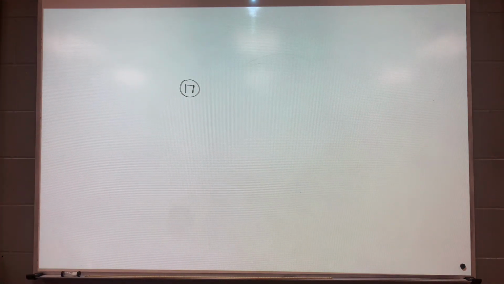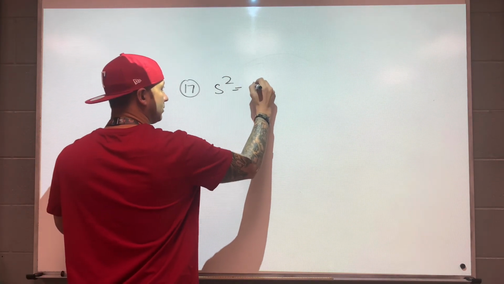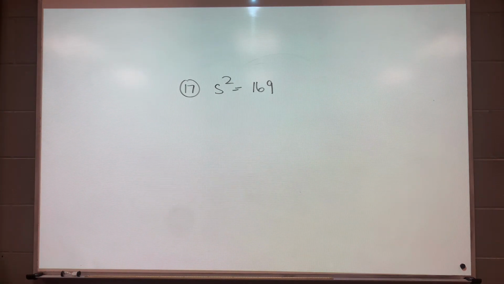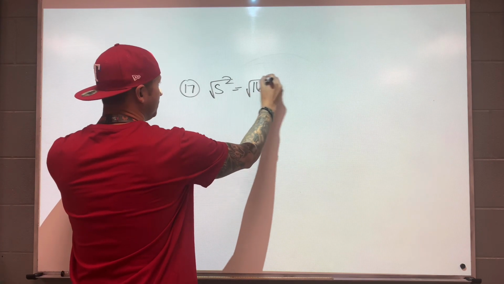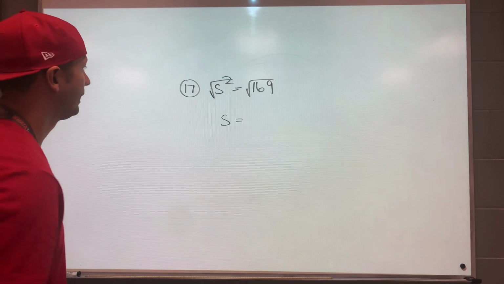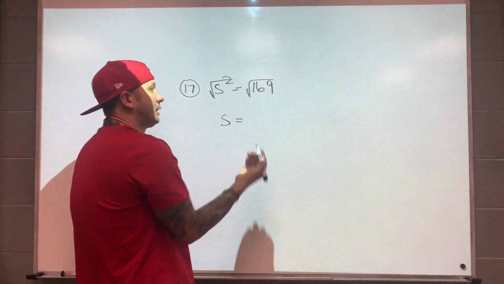All right, here the instructions are solve each equation. Number 17, s squared equals 169. So take a square root to undo the square. Anytime you bring a square root to the conversation, the square root wasn't there before.